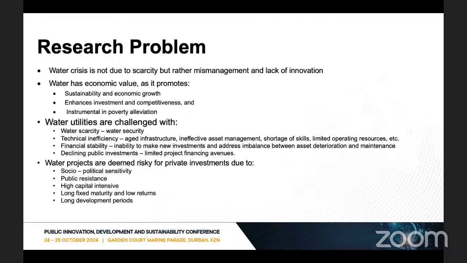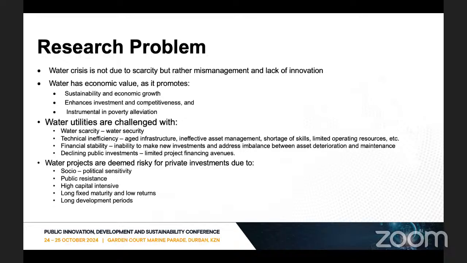We know that most government institutions mainly rely on grants as a form of project financing, and there's limited exploration of private sector investments because of the status of their balance sheets and the like. There's also very low revenue generation due to a number of socioeconomic factors. So they are mainly grant dependent.